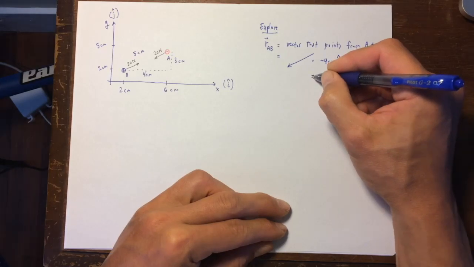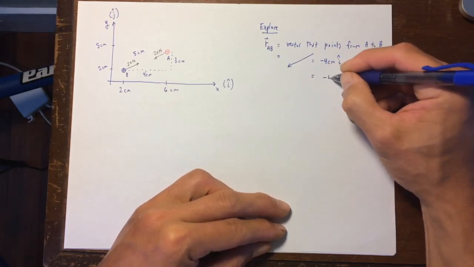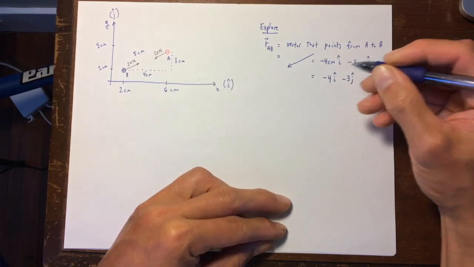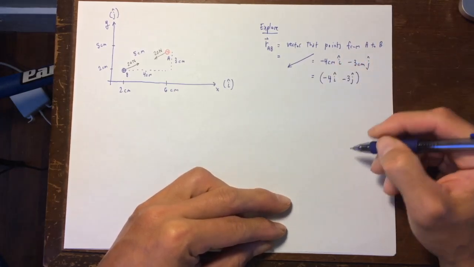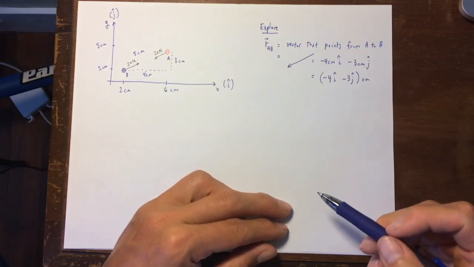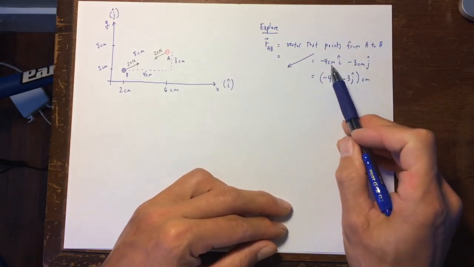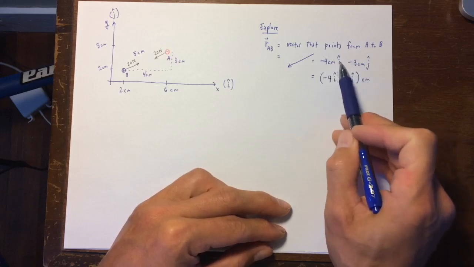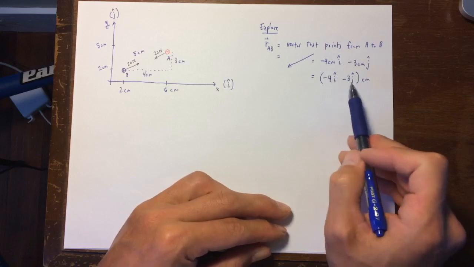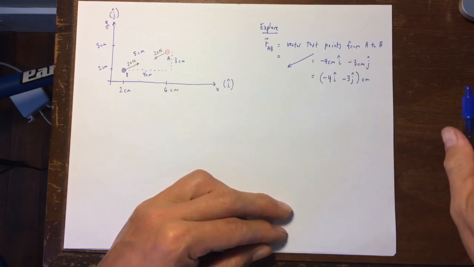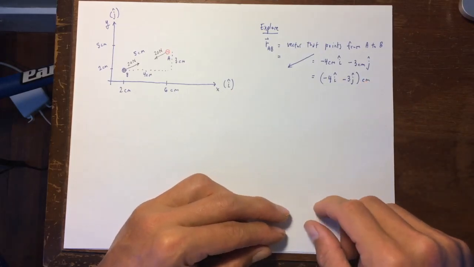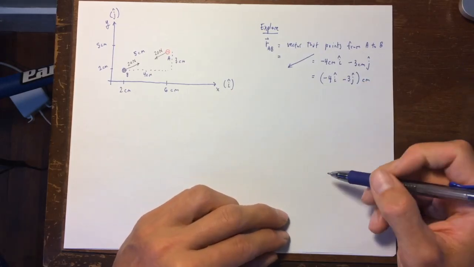I'm going to clean it up a little bit and say this is minus 4 i hat minus 3 j hat, quantity in centimeters. So there's the unit of centimeters, right? It's a common factor if you look. It's got two terms, and each term has one factor of centimeters, so I can divide it out from all the terms and put it on as a common factor. So the unit is a common factor in this case.